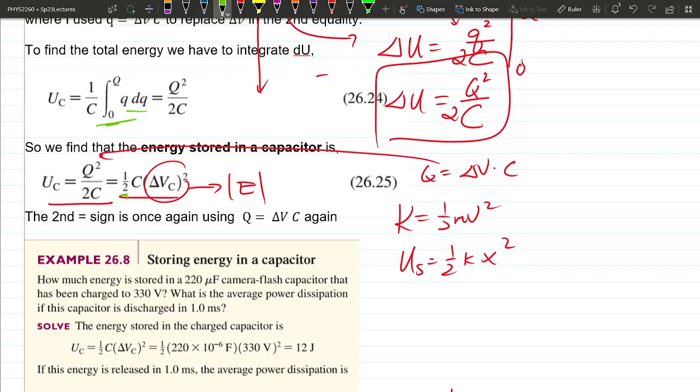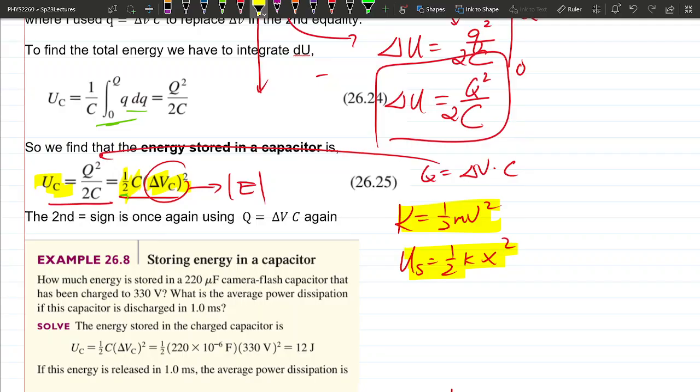The amount of energy stored in a capacitor is 1/2 times the capacitance times the voltage across that capacitor squared. I want to bring up an analogy: kinetic energy is 1/2 mv squared, and spring potential energy is 1/2 kx squared.